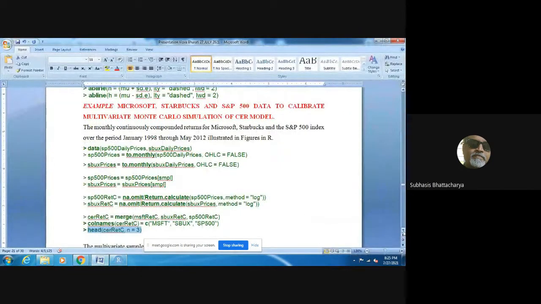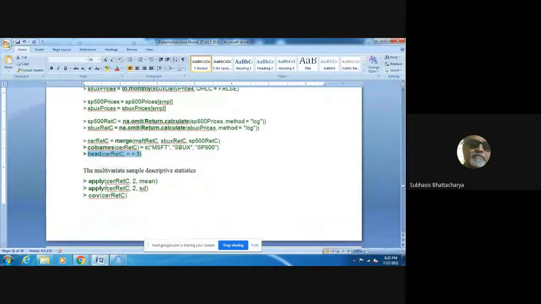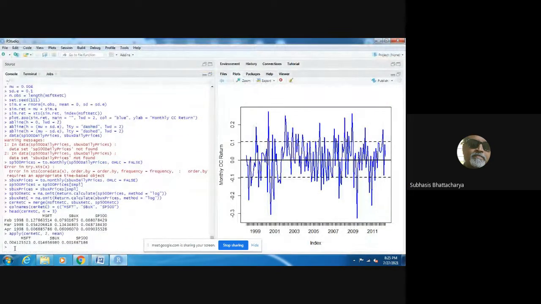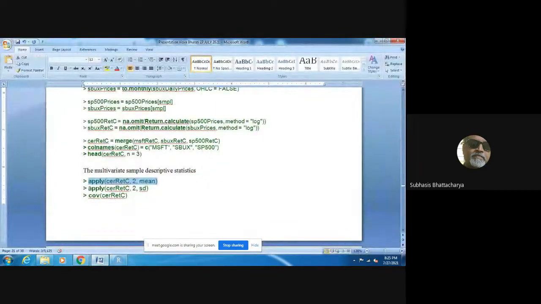Now that means we are using a multivariate model. So we apply the return of these three over the 3 months period. What is the average return? These are the average returns derived for three different shares, and the mean value.